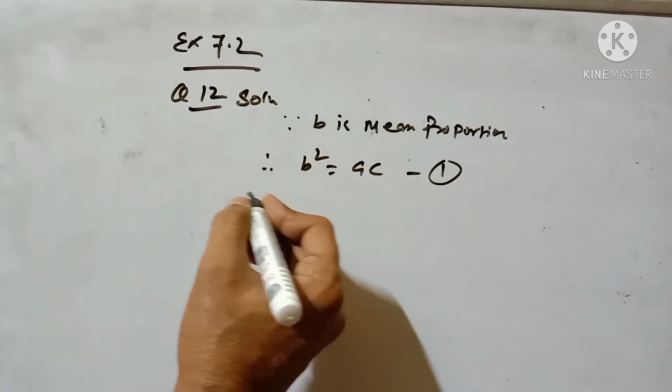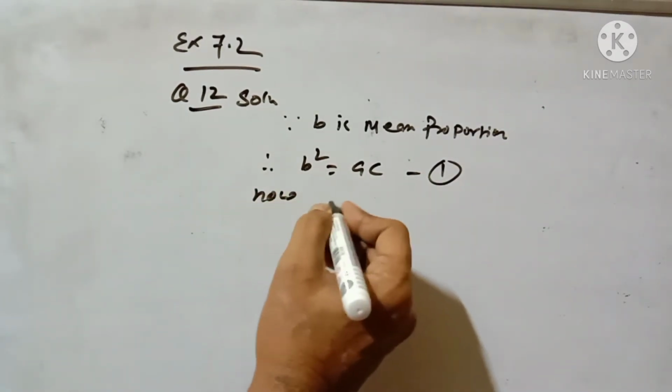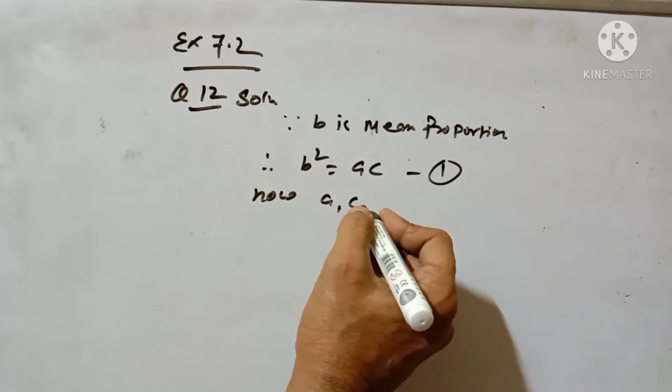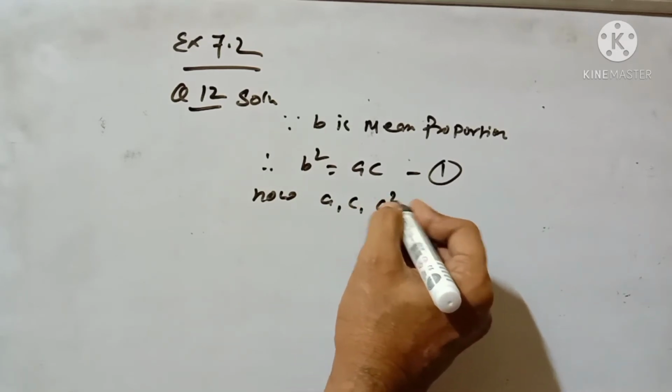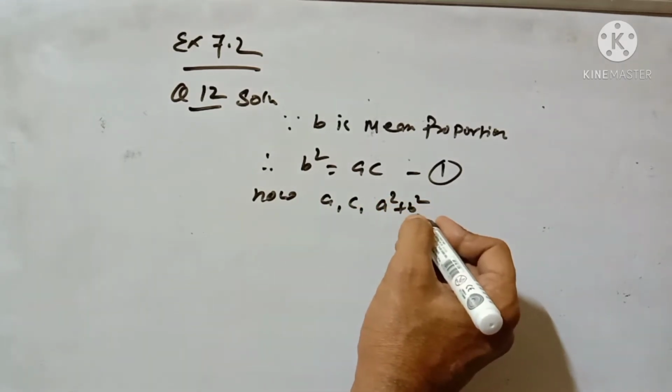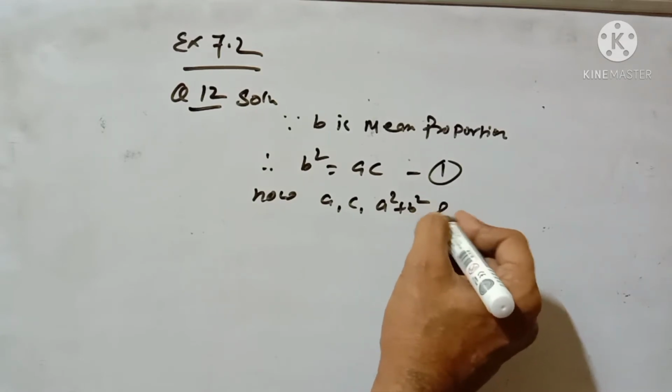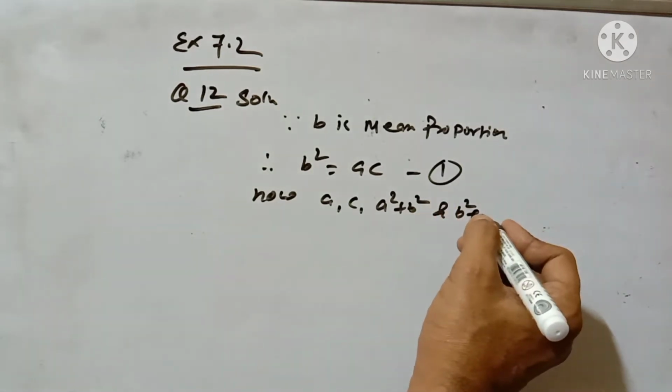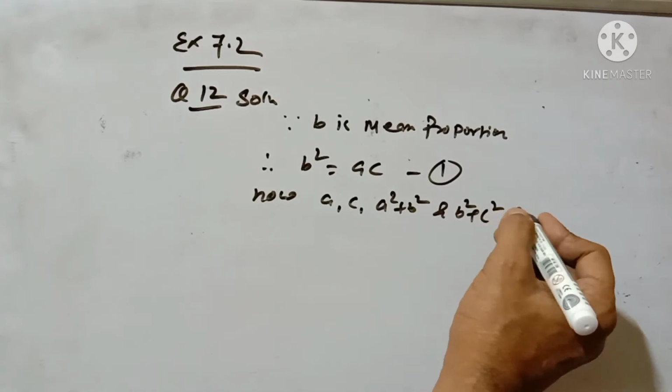Okay. Now a comma c comma a square plus b square and b square plus c square are in proportion.